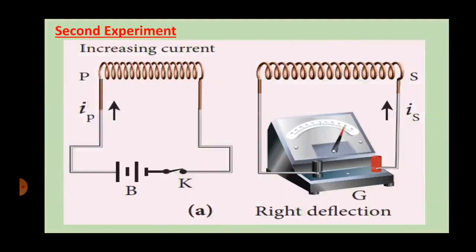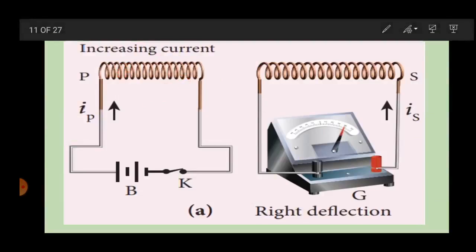Then go to the next demonstration, that means the second experiment. This is coil C1, and this is coil C2. This is the primary coil P. C1 is connected to the battery B with a key.